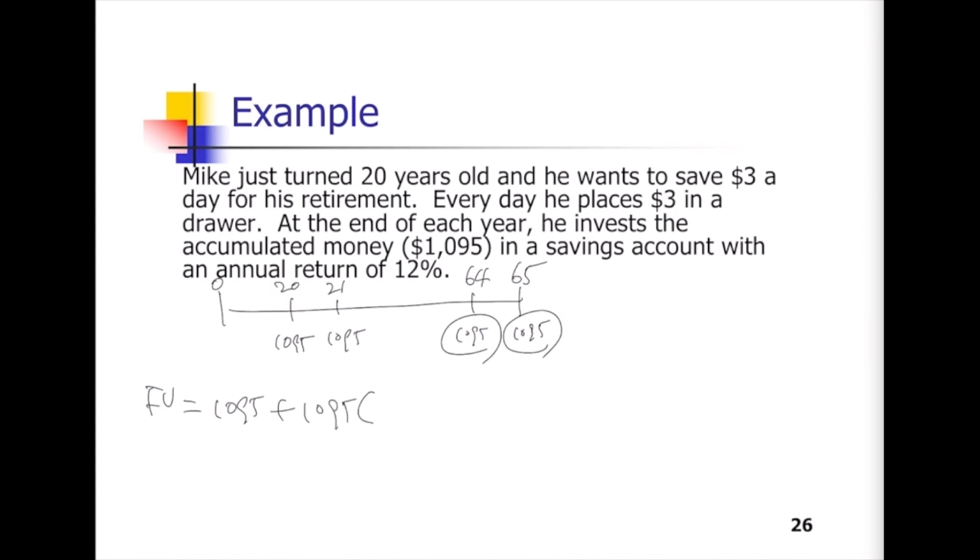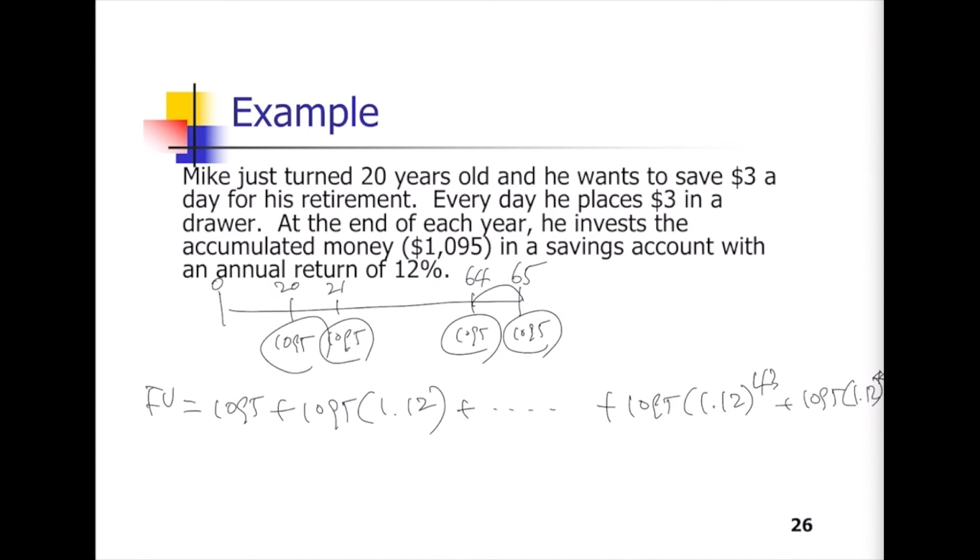He compounds 1 year, right? And so on. Yeah, this is 44, not 45. And how can you calculate this?